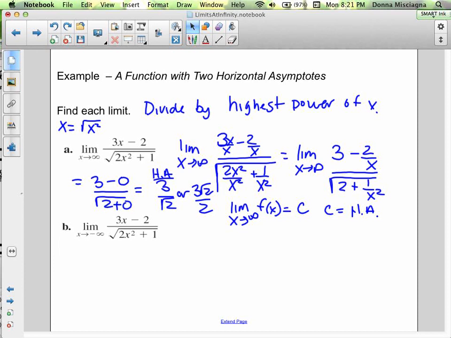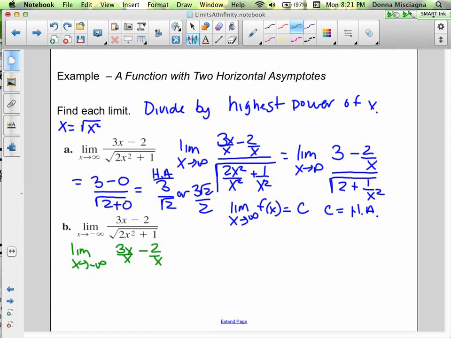Basically, it's the exact same operation. So again, I'm going to have the limit as x approaches negative infinity of 3x divided by x minus 2 divided by x, all over the square root of 2x squared divided by x squared plus 1 divided by x squared.